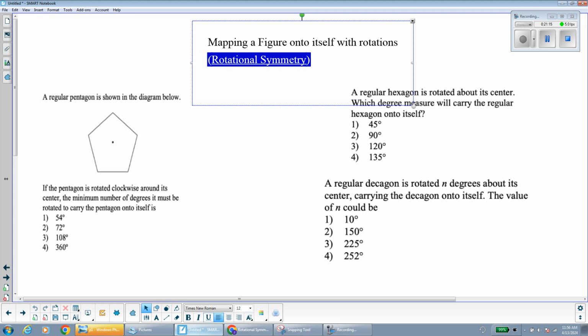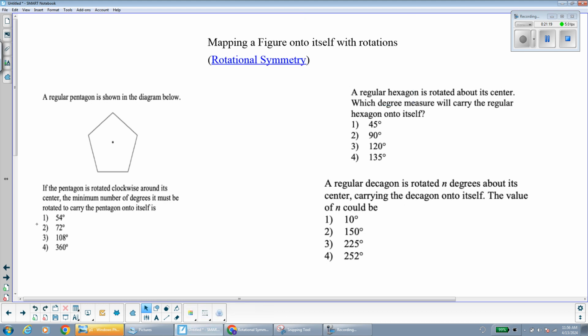So the answer to the question is 72 degrees. That's the first time that it will look like itself. And we can figure that out by doing 360, which is a full circle, divided by the number of sides and angles, which is 5 in the pentagon, and that gives us 72 degrees.